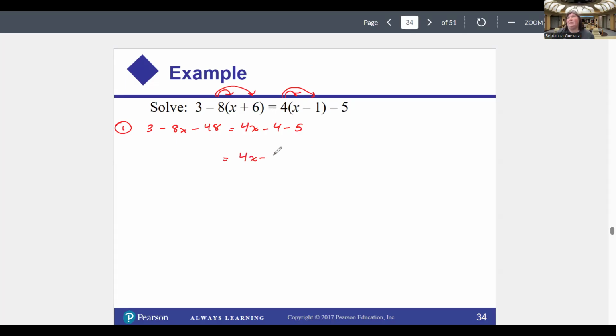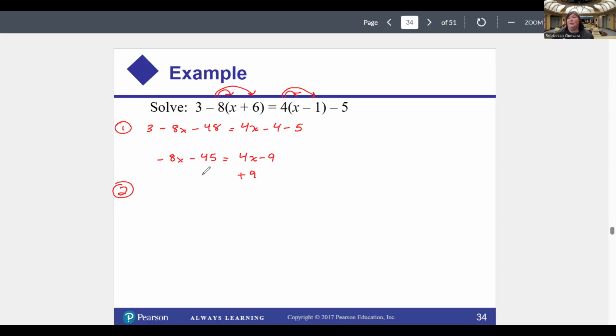So here we have 4x minus 9, doing the easy side first. Here we have minus 8x. So we have 3 minus 48, that'd be negative 45. So step 2, we want to get our x's to one side. Like I said, I don't have to do the x's first. I can do these constants first.